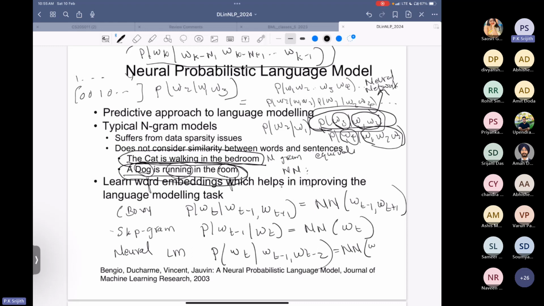The neural network considers W_{t-1} and W_{t-2} as input. Okay, this is how these models differ.